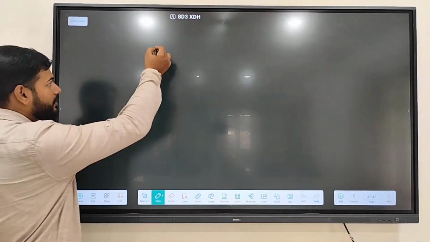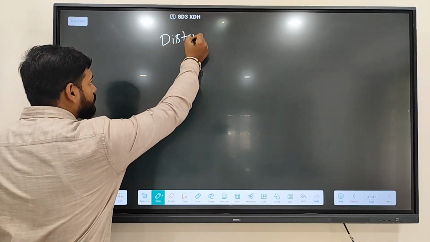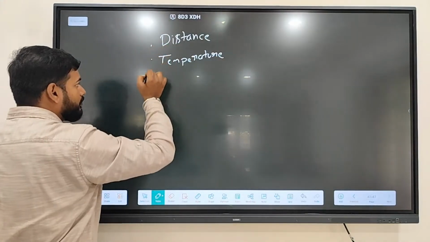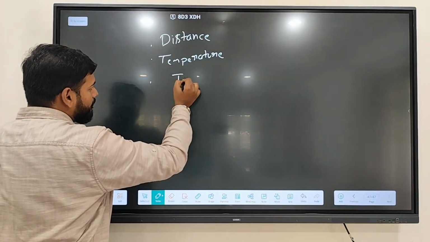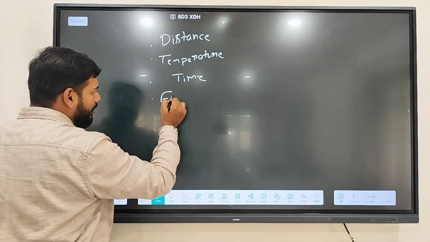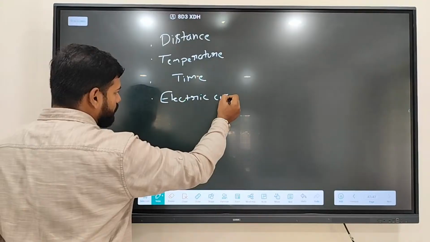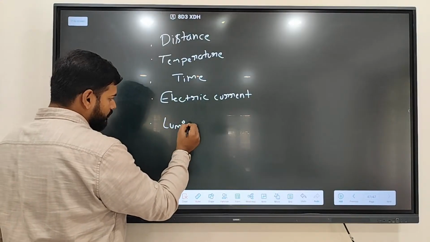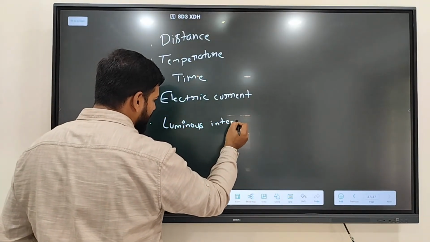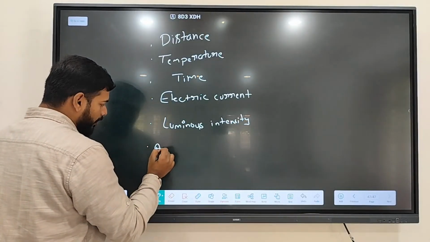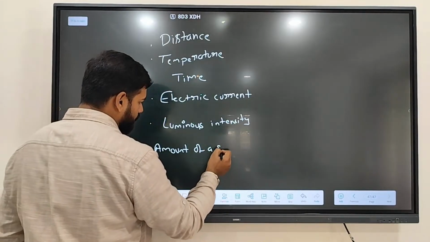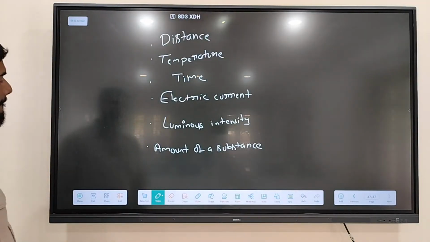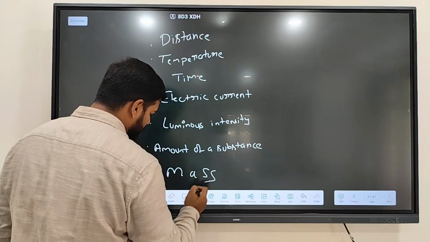The fundamental quantities are: distance, then temperature, then time, then electric current, luminous intensity, then amount of a substance, then the very important one, mass.